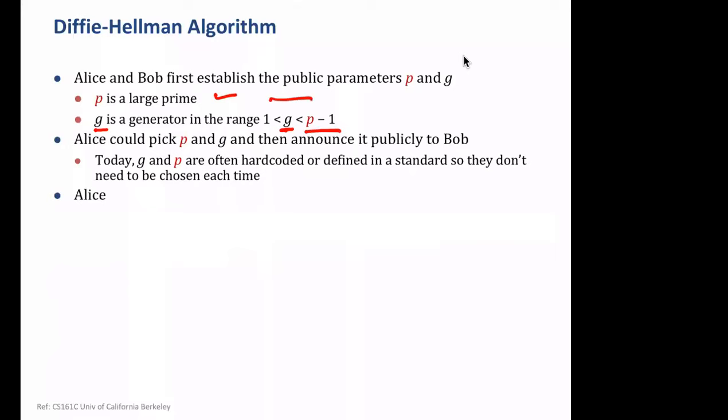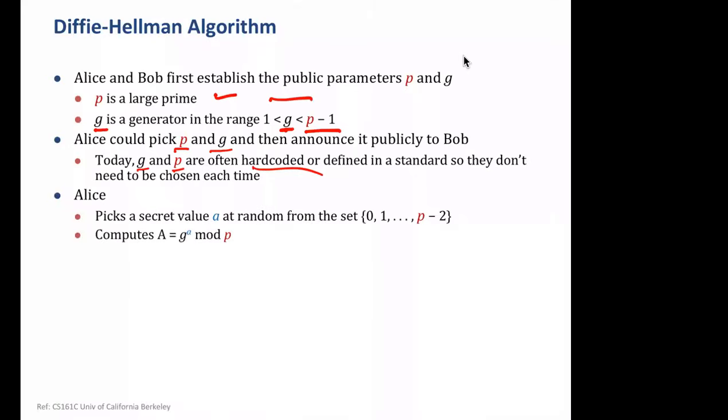So P and G are public knowledge. It's available, either published or Alice can send it to anybody, and anyone can see it in between. So say for example, Mallory is there, Mallory can see it. Nowadays G and P are hard coded.